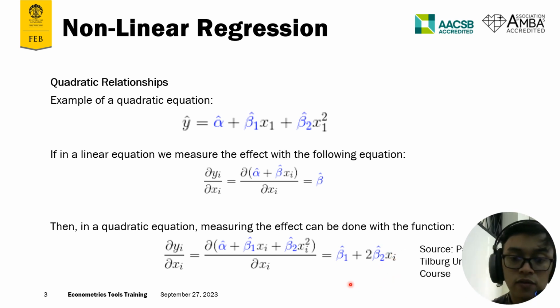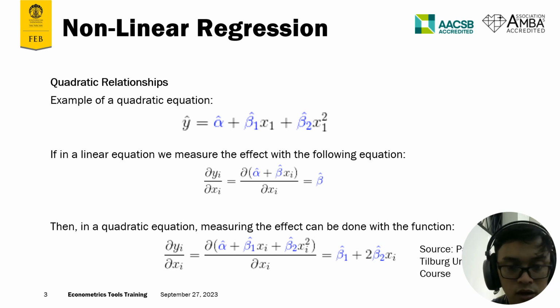So the effect is, when you have an x1 here, for example, when it is increased 1 point, the y will increase beta 1 plus 2 beta 2 x1. So let's try to have a good example here.